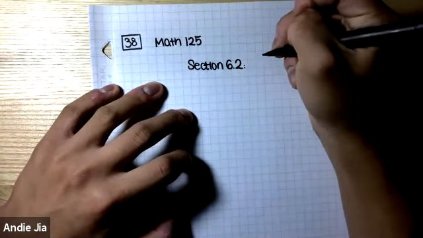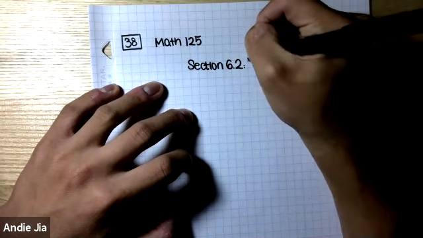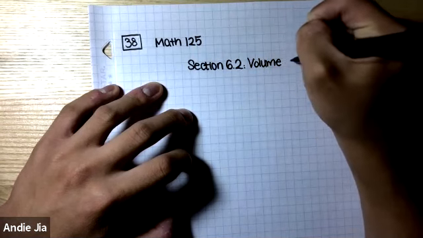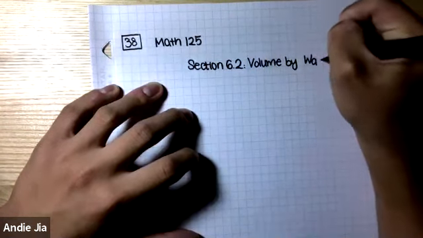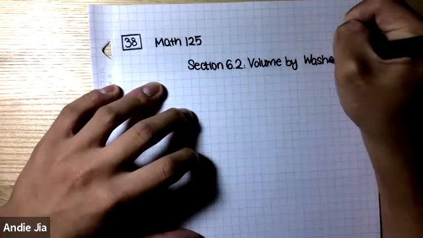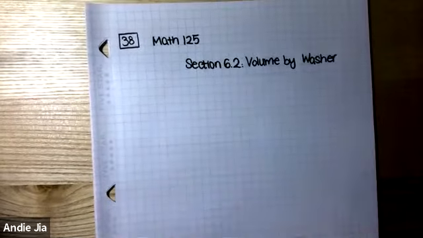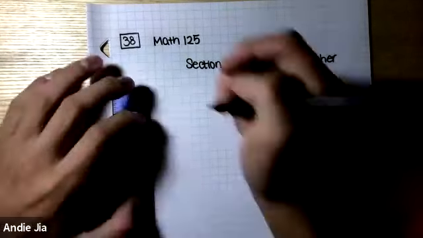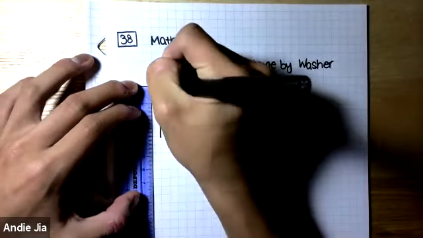We call it the washer method, or just volume by washer. What we call washer is the first time we need to find a volume bound by two curves. In the previous section, we found the area bound by two curves.